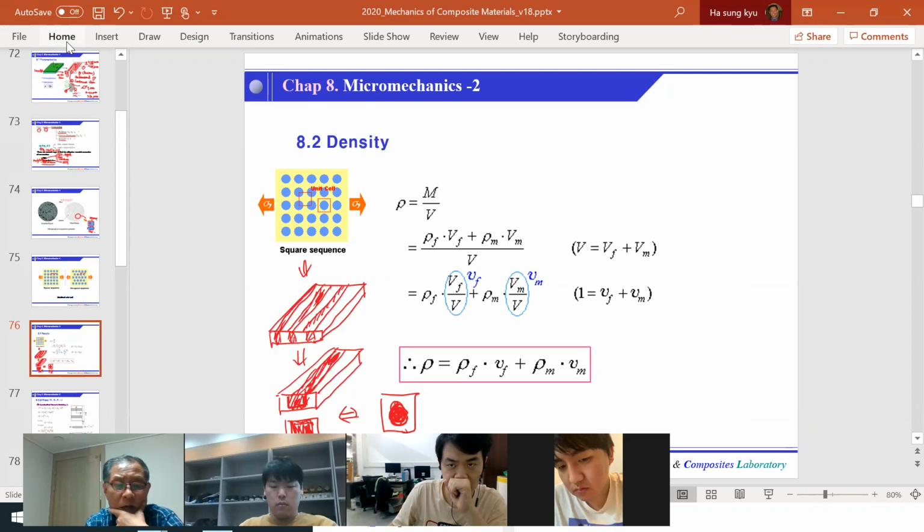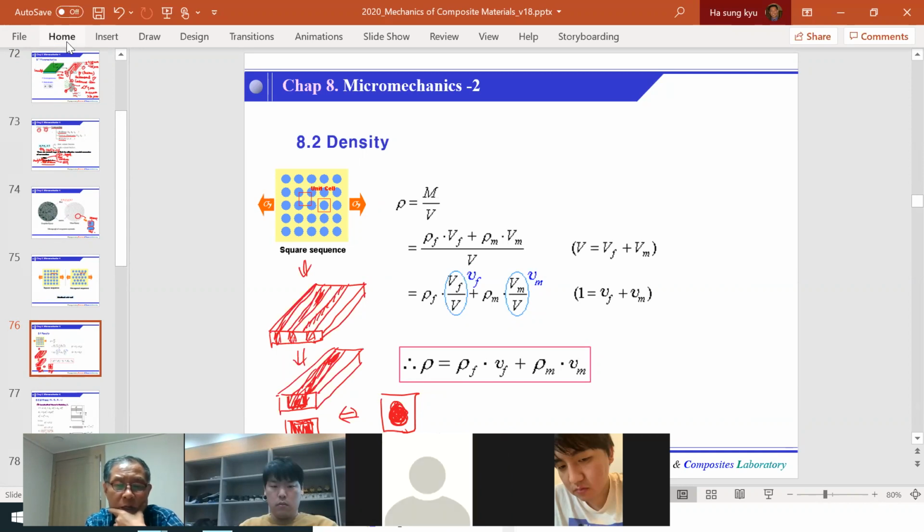And density, how can we calculate the density? Well, given the densities of fiber and resin, these are given properties, and also the fiber volume fraction.